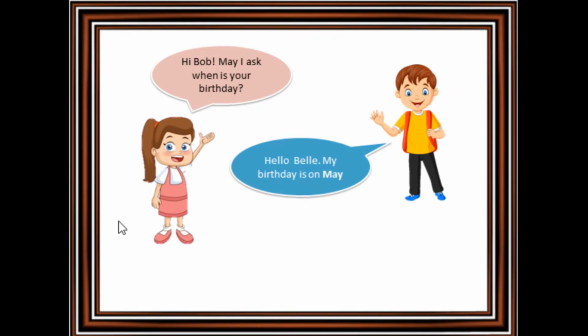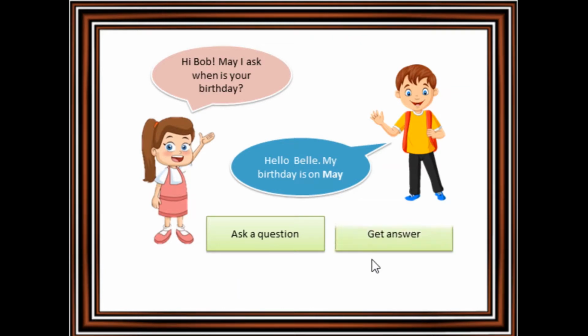See, the girl is trying to get information from the boy through questions. She asked a question, and afterwards, she got an answer from the boy. That answer now becomes our data.